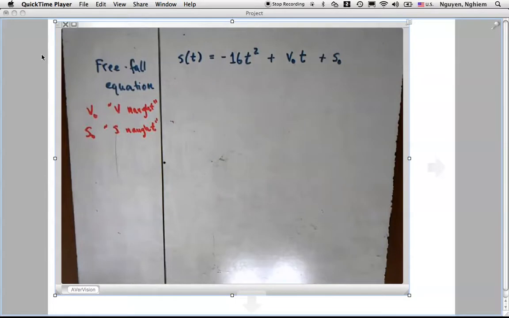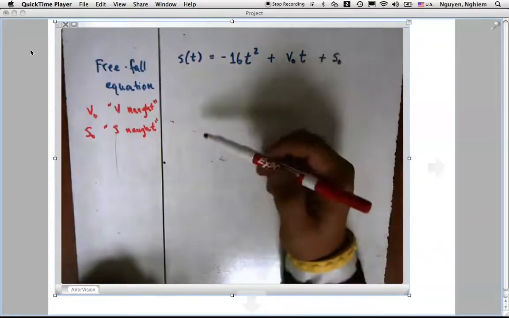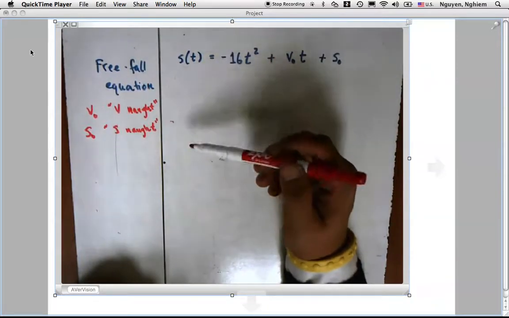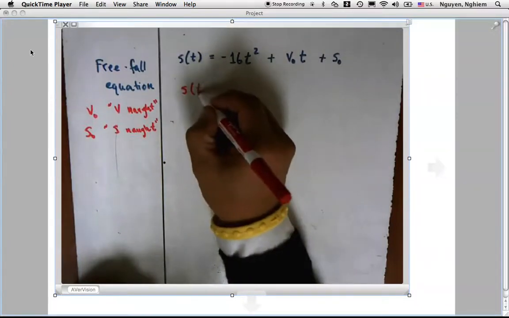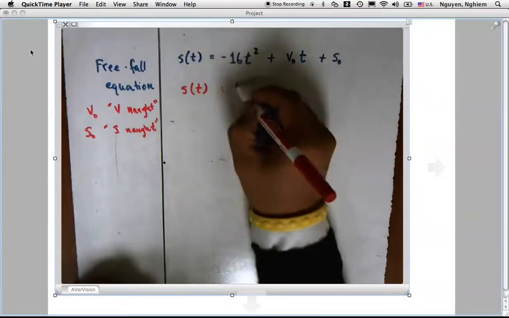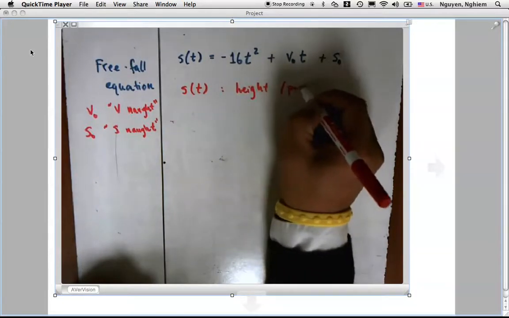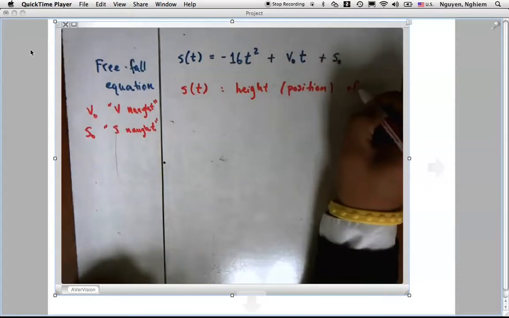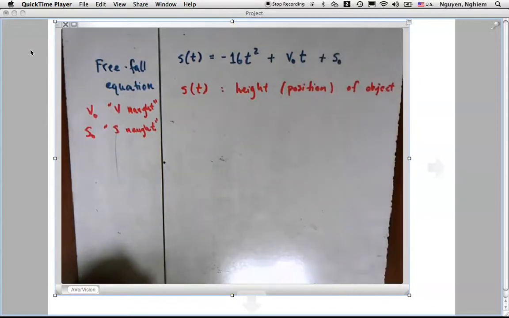So this equation is used when you have an object launched directly into the air and you want to figure out its height. S of t is the height, also known as the position of an object at any given time.